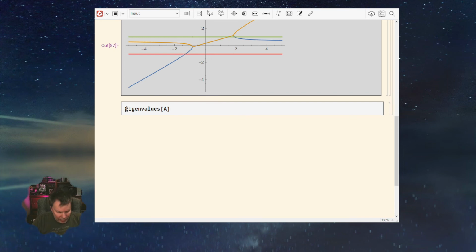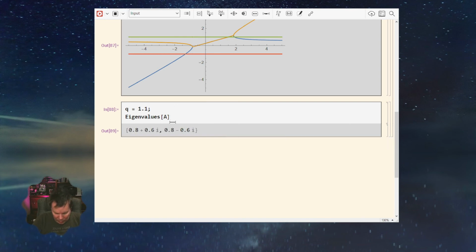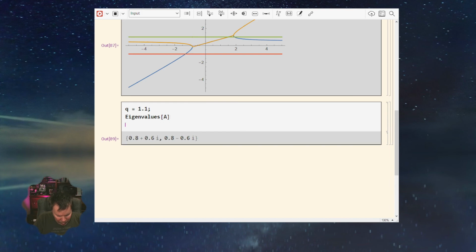I'm going to set Q equal to 1.1. And if I do that, I wind up getting 2 eigenvalues. Now these eigenvalues here, what can you tell me about the norm of these things?